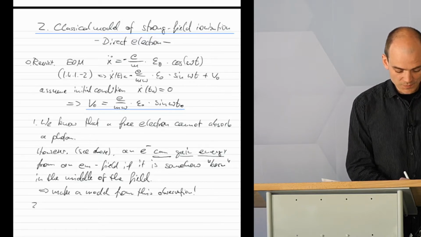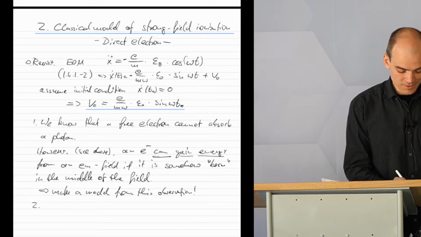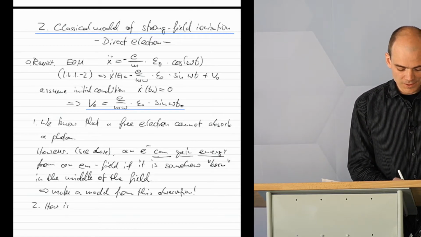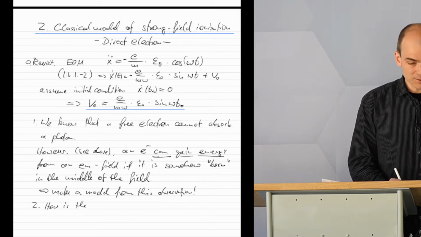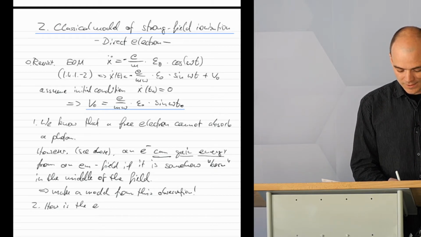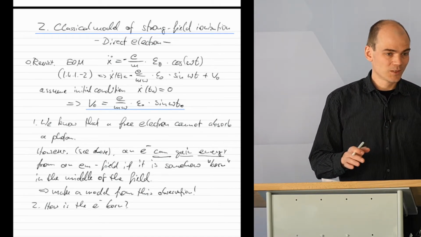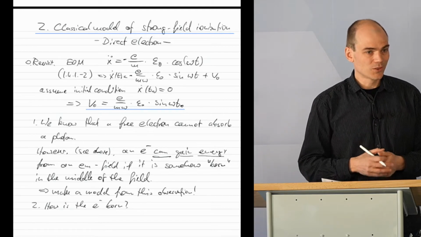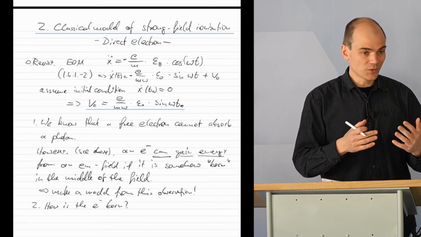A core question is, how is that electron born? Does anyone have an idea what the answer is? Of course, we actually have atoms in our laser focus rather than electrons, and so the electron can tunnel from the atom.